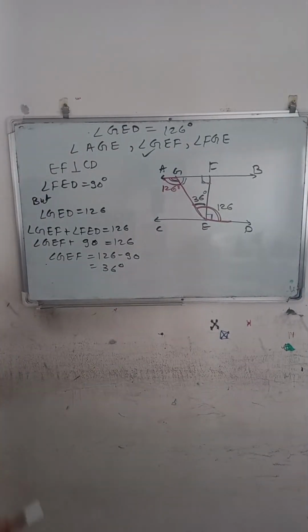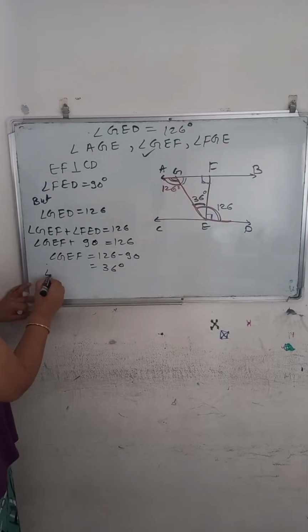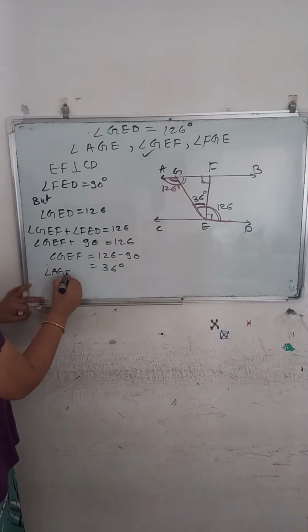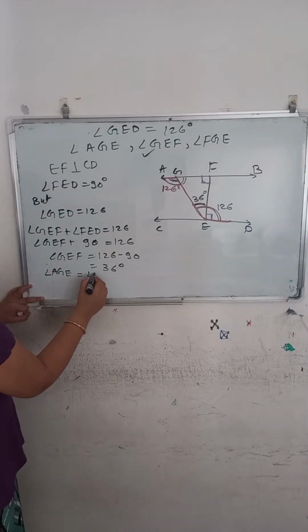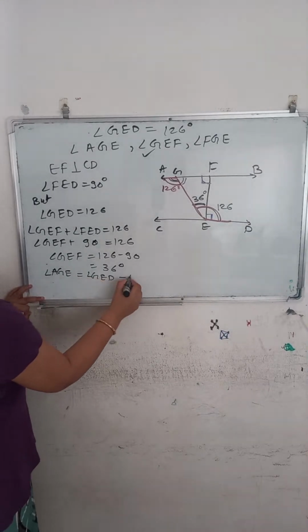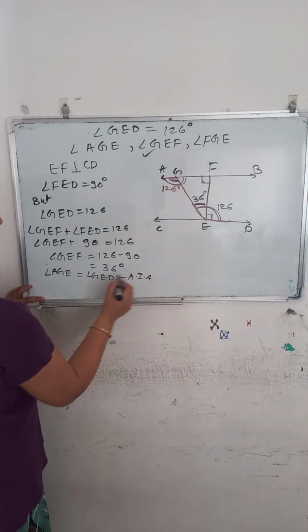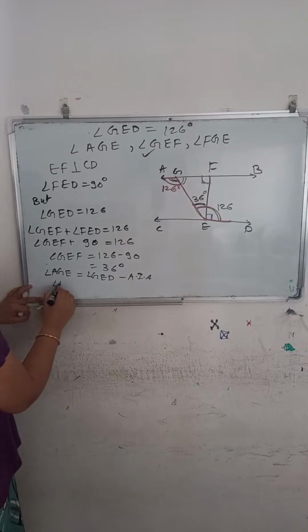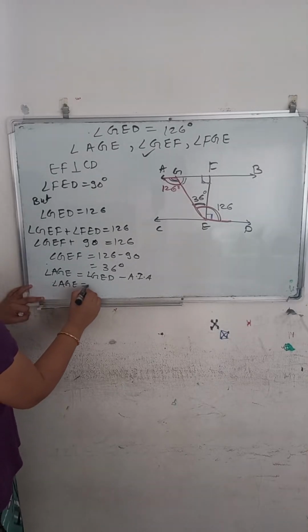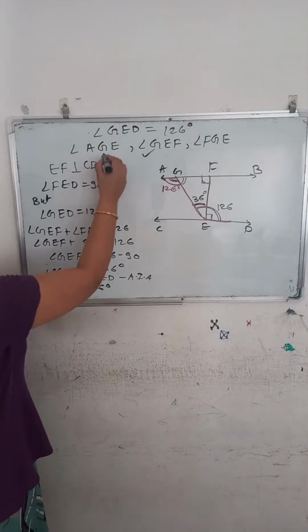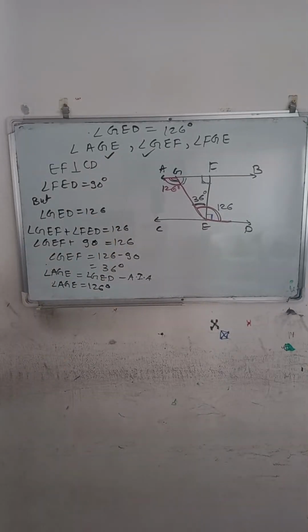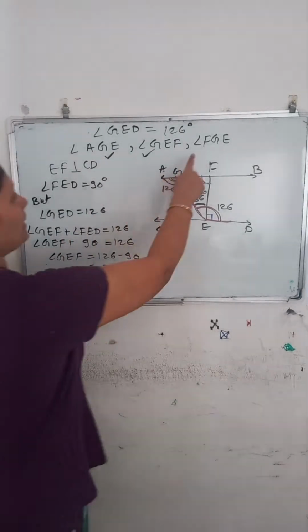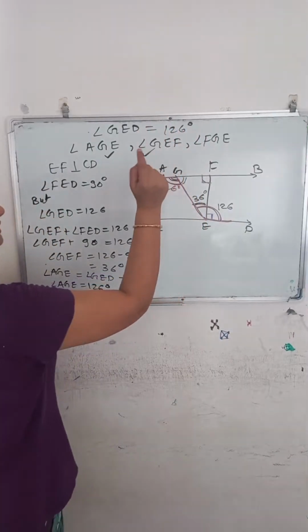So here we can write angle AGE is equal to angle GED, they are alternate interior angles. So angle AGE is also 126. That means I got this angle. Now the last angle is FGE. Where is FGE?